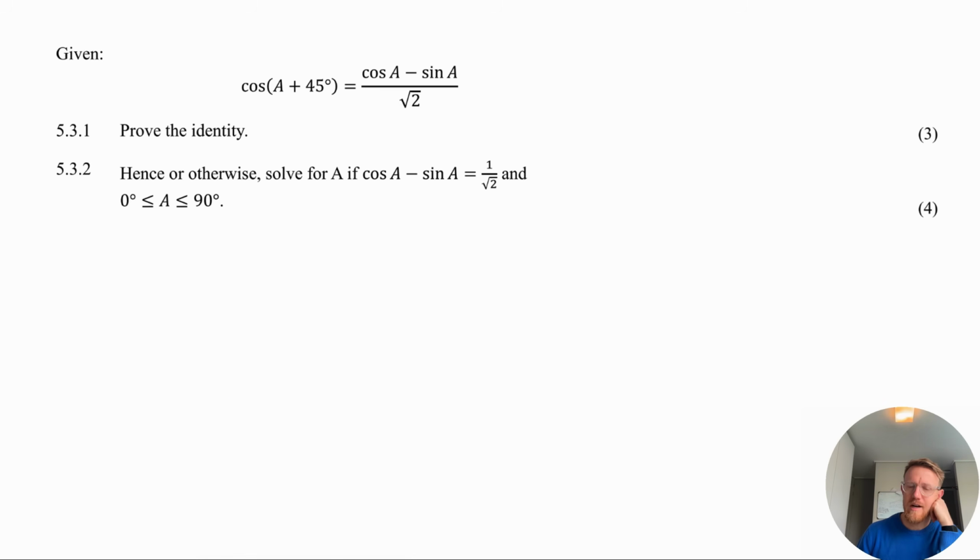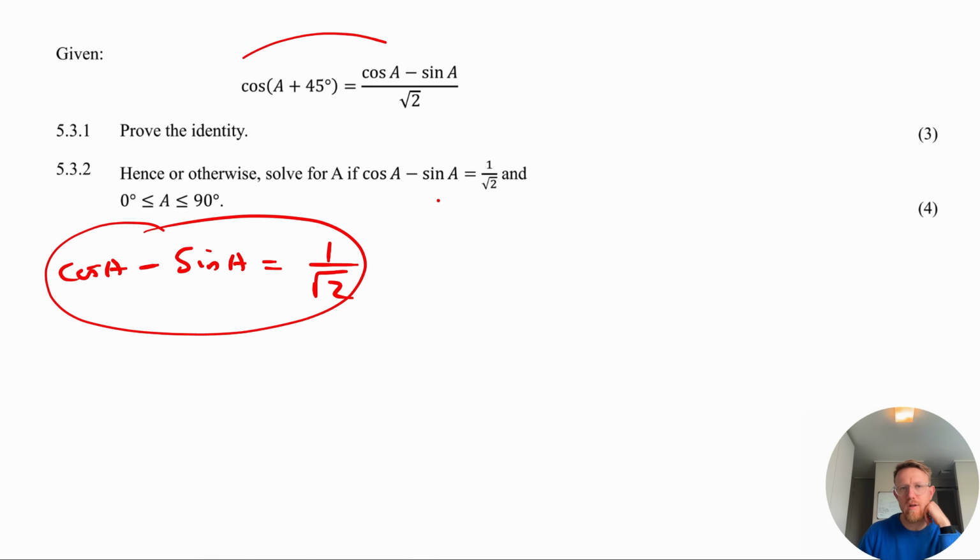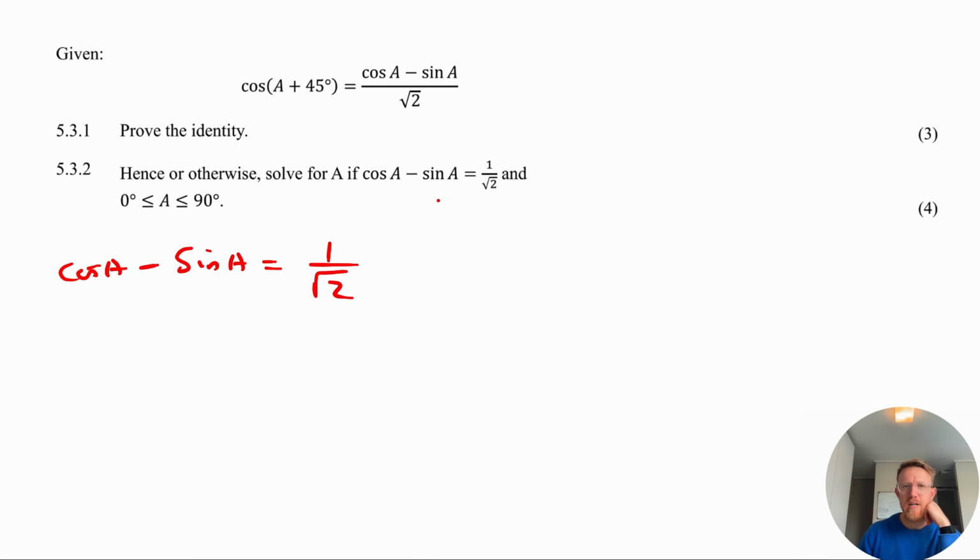This question now says, hence or otherwise solve for A if they give us this expression. Okay, so let's go write that out. Cos A minus sine A equals 1 over square root 2. So when they say hence, you kind of have to use the previous information as well. So here I see a cos A minus sine A. Let's just get that by itself.